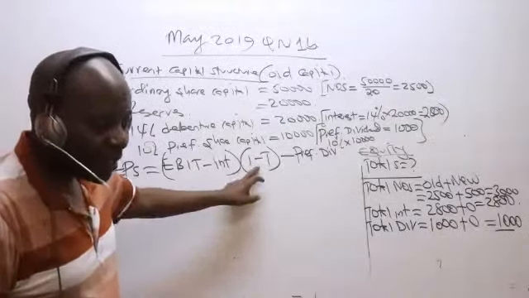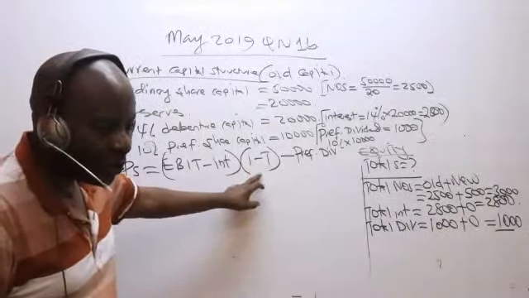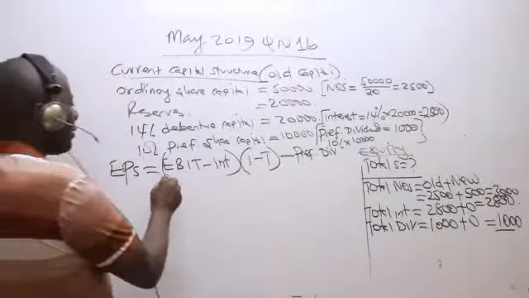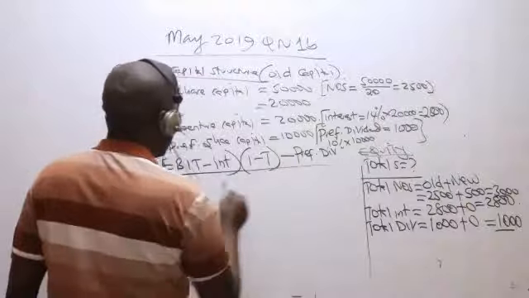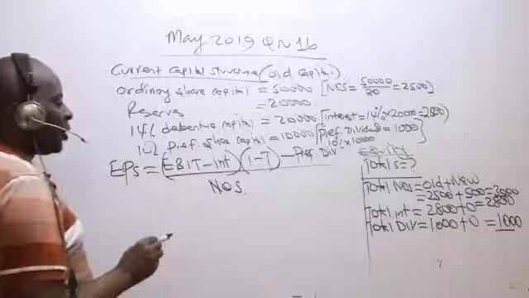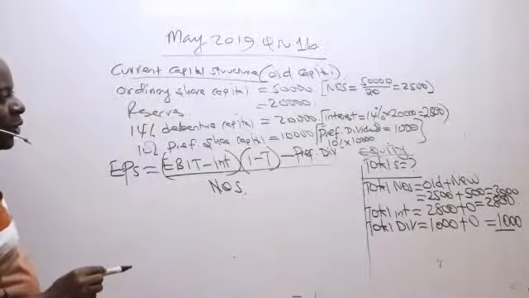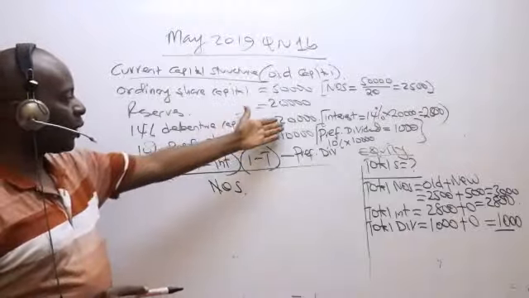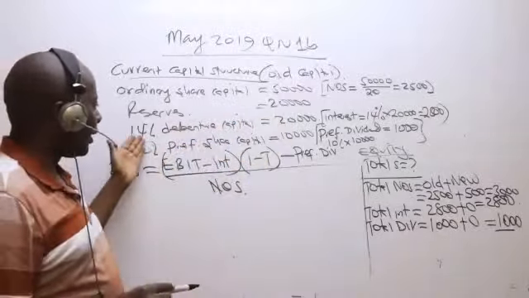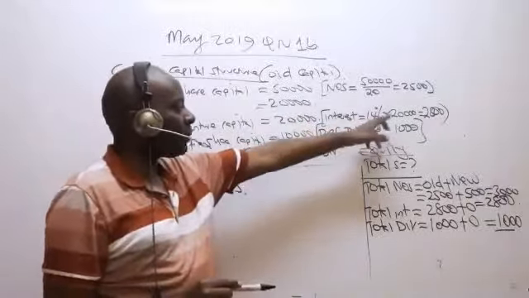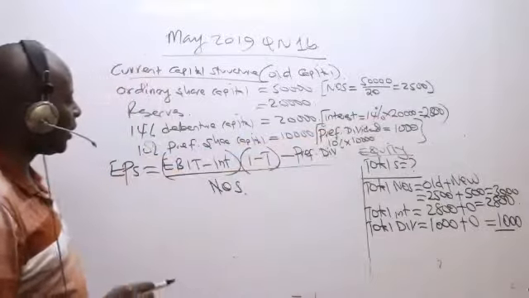So divide this by the total number of ordinary shares. Remember, interest, they gave us from the capital structure: 20,000 loan borrowed, and the rate of interest is 14%. So we did our calculation here: 14% times 20,000, which gave us 2,800 there.